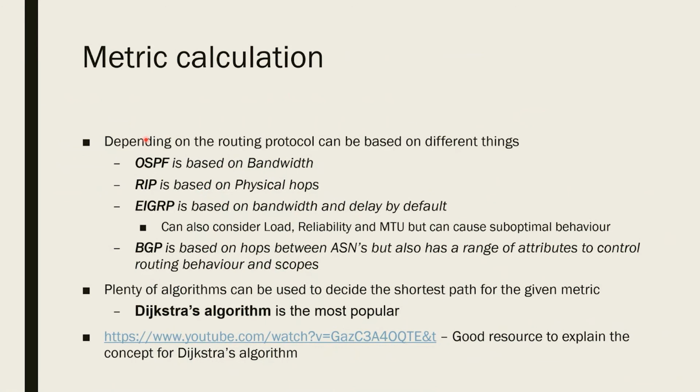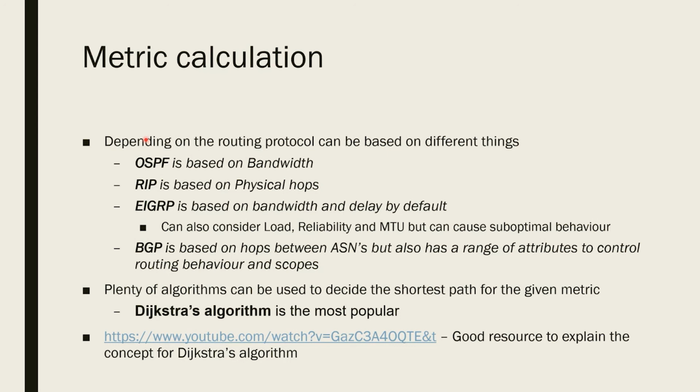EIGRP is by default based on bandwidth and delay, but EIGRP is Cisco proprietary. And there's a few reasons behind it, and there's reasons why people hate it, because it is Cisco only. But it also does have some really interesting functionality, and it does also have some extra metric values that you can base your costs on.